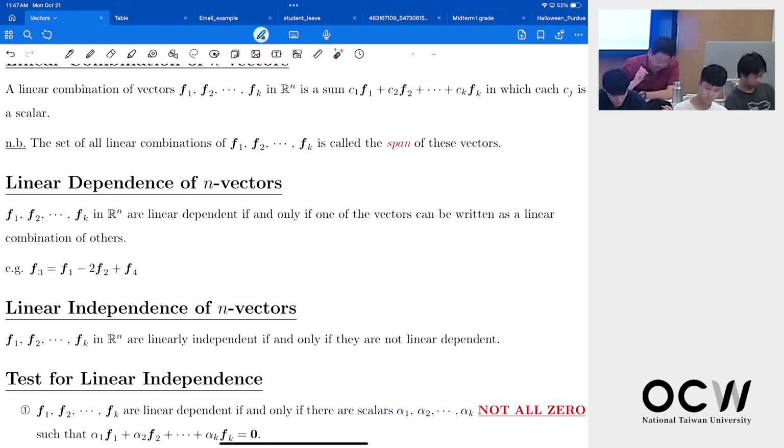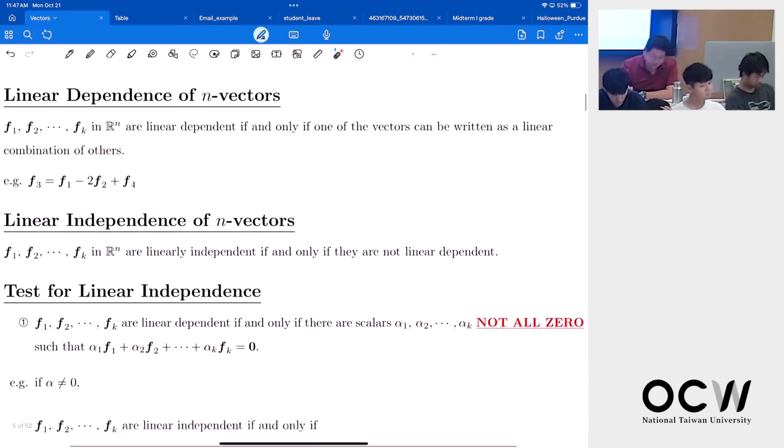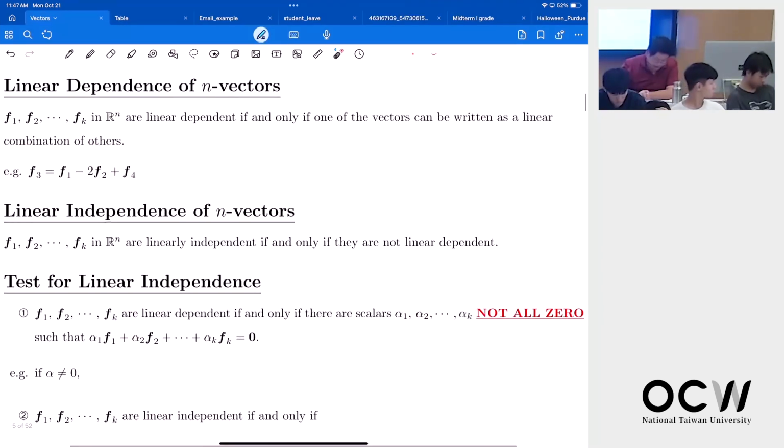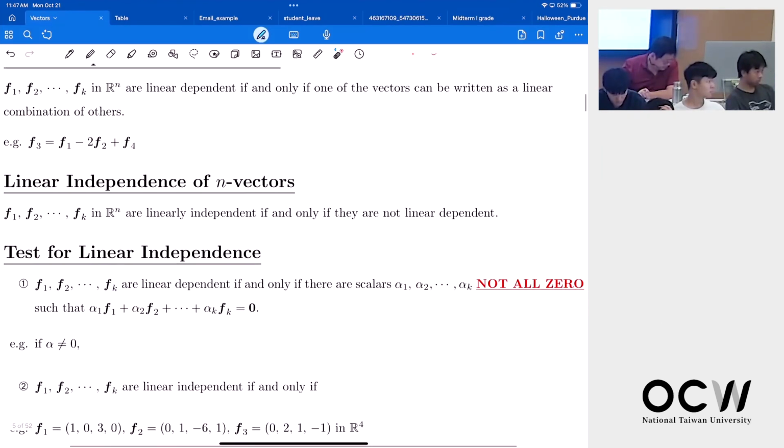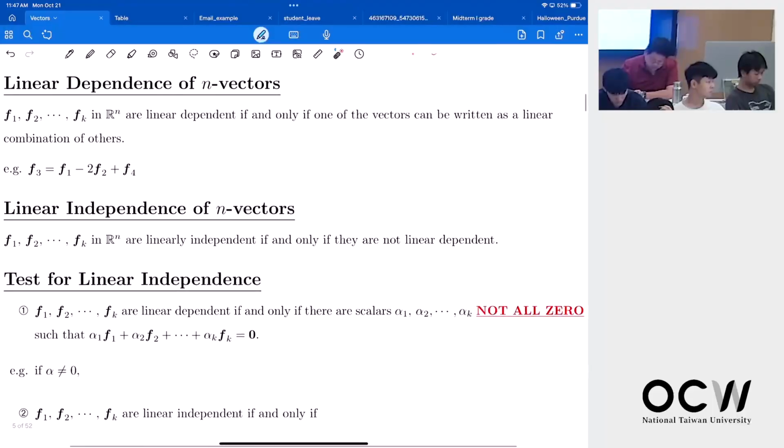So to check if those vectors are linearly independent, we have these two criteria.